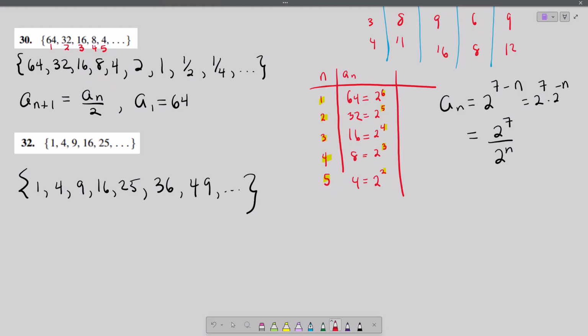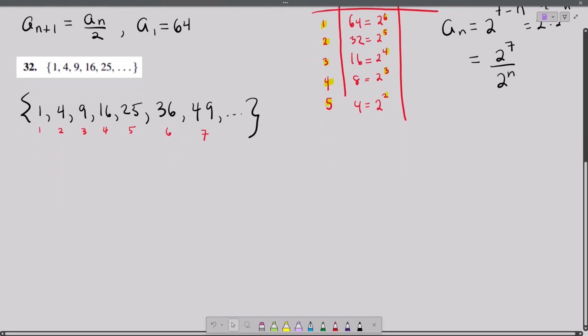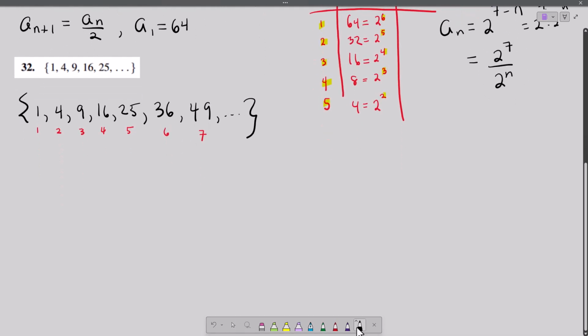And if we put our index down below, we see pretty clearly that we just take the index and square it. So part C is going to be easy here. Part C is going to be that a sub n is nothing more than n squared.